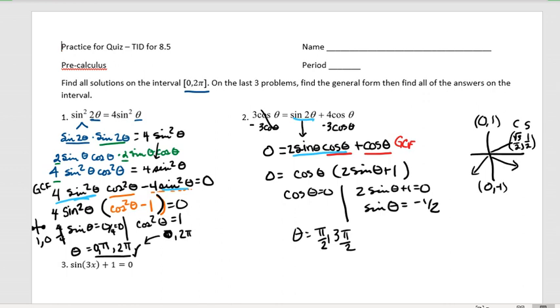So this is at pi over 6. So this is going to be at 11 pi over 6. And this one's going to be 7 pi over 6. Okay, so 7 pi over 6 and 11 pi over 6. Boy, 11 and pi together look really weird, don't they?